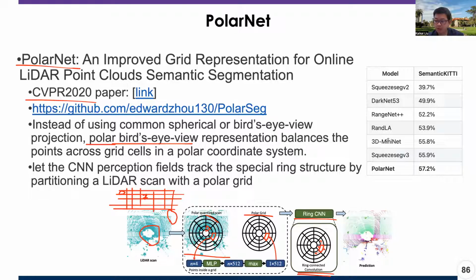This PolarNet, compared with SqueezeSegV2 and RangeNet++ with DarkNet53, and SqueezeSegV3, can even beat SqueezeSegV3 in the SemanticKITTI dataset evaluation. That's why among all these approaches, PolarNet is the best one. It has better accuracy.